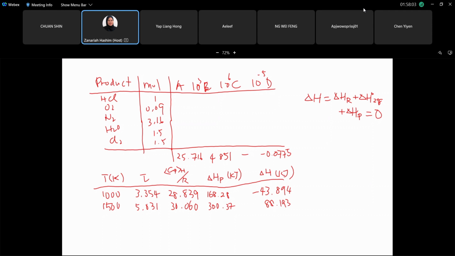Okay, sebab kat sini you dapat negatif, kat sini you dapat positif. And kita nak dapatkan dia close to 0. Okay, so you try. Finally, saya dapatlah roughly 1170. 1170 dapat 3.924, this is 29.255, this is 212.0567.